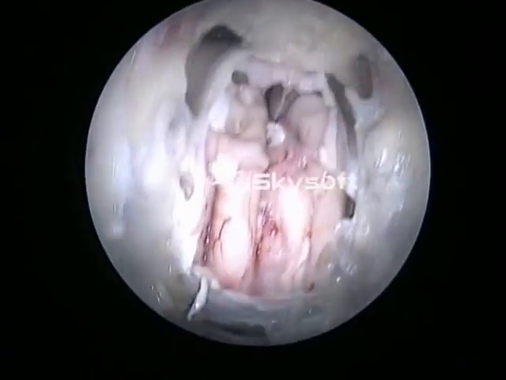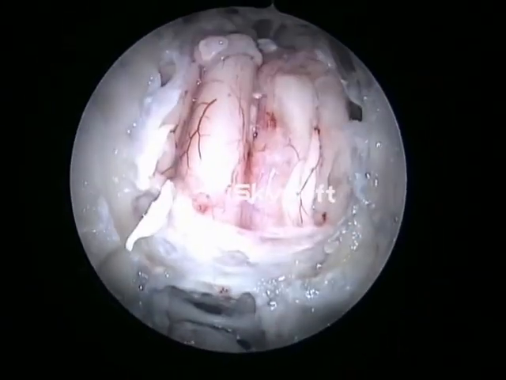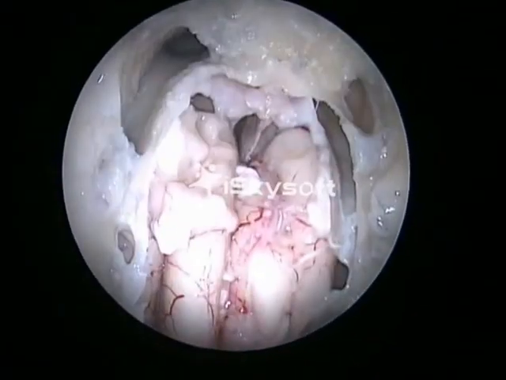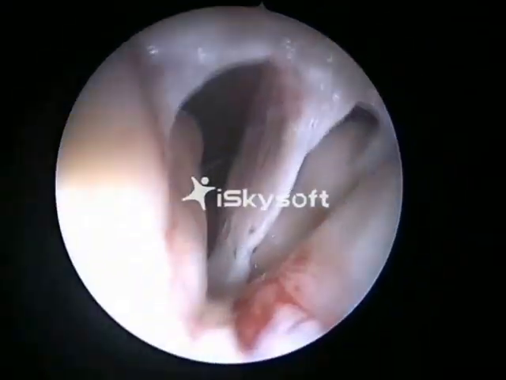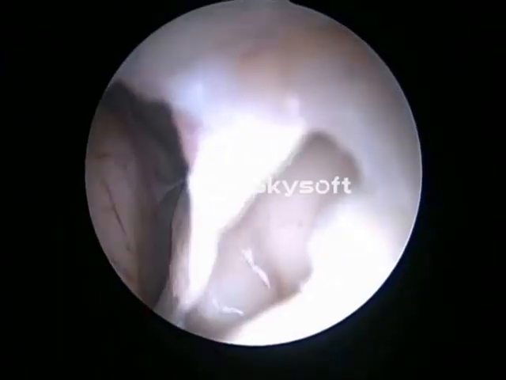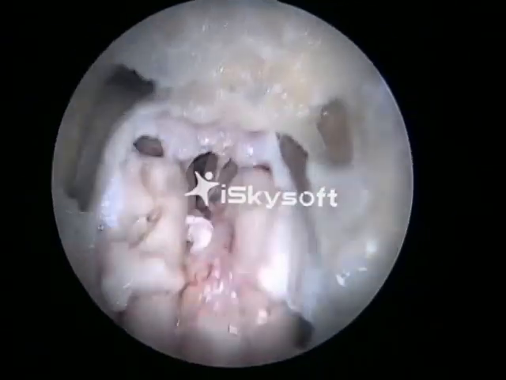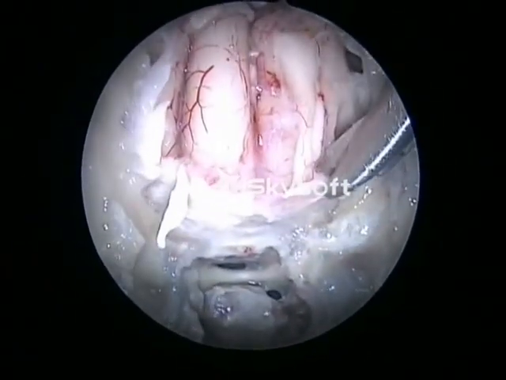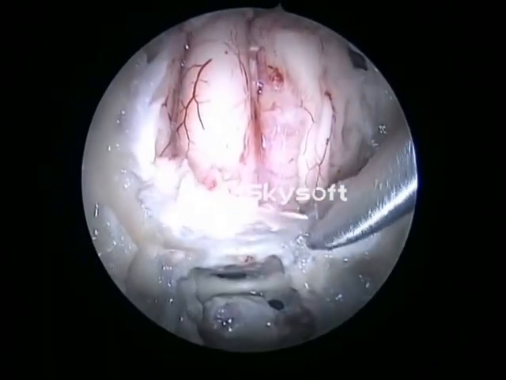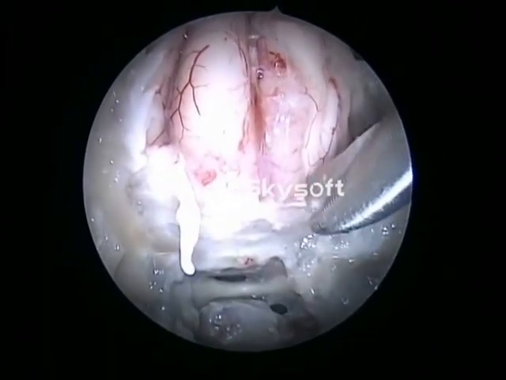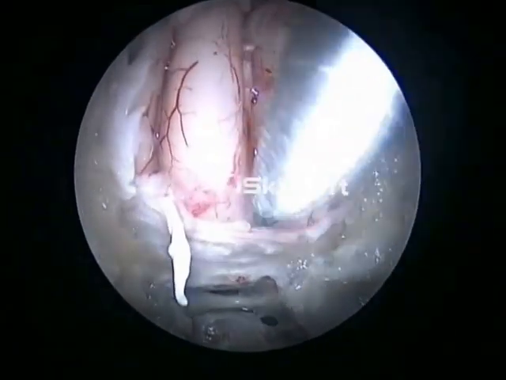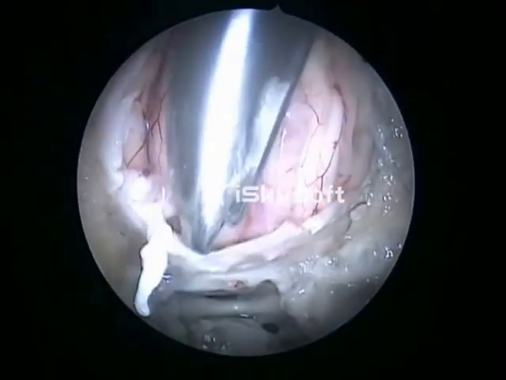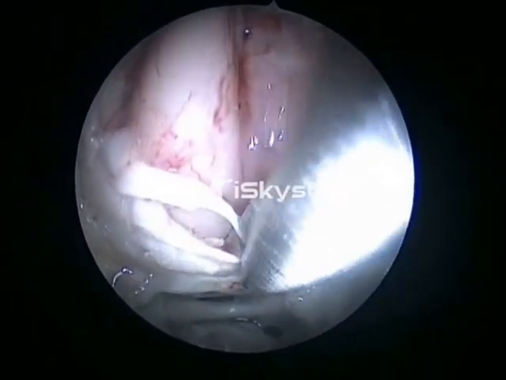Now this is a 70-degree view of the gyrus rectus on both sides, the frontal lobes on both sides separated by the falx. We are now cutting the dura, the region of the planum sphenoidale. Care is taken not to injure the anterior cerebral vessels.